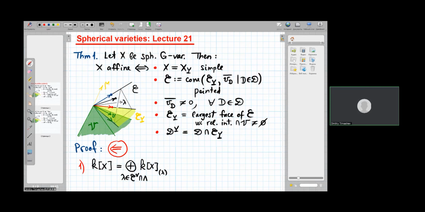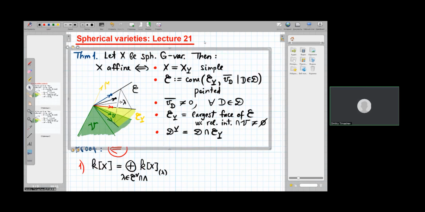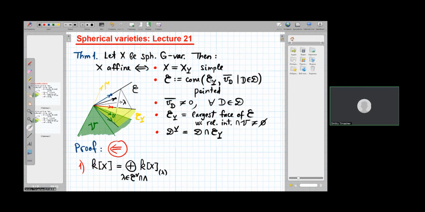Those vectors which correspond to G stable prime divisors belong already to this cone C sub y. All G stable prime divisors contribute to this cone. And also all colors, all B stable prime divisors which are not G stable, the respective vectors are included in the set of generators.